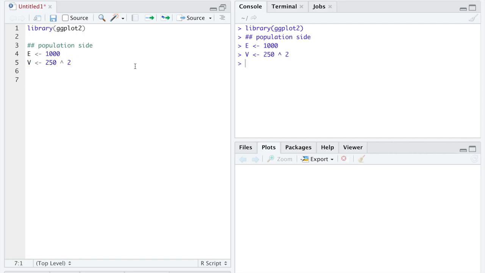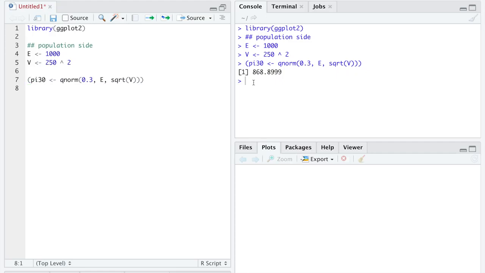With these two numbers, we could calculate pi sub 30 to be qnorm, Q for quantile in R, norm since we're working with the normal distribution, and we want the 30th percentile corresponding to 0.3 area to the left of the number that this function will return, with a mean of E and a standard deviation of the square root of V. I will wrap this expression in some extra parentheses to force it to print at the same time.